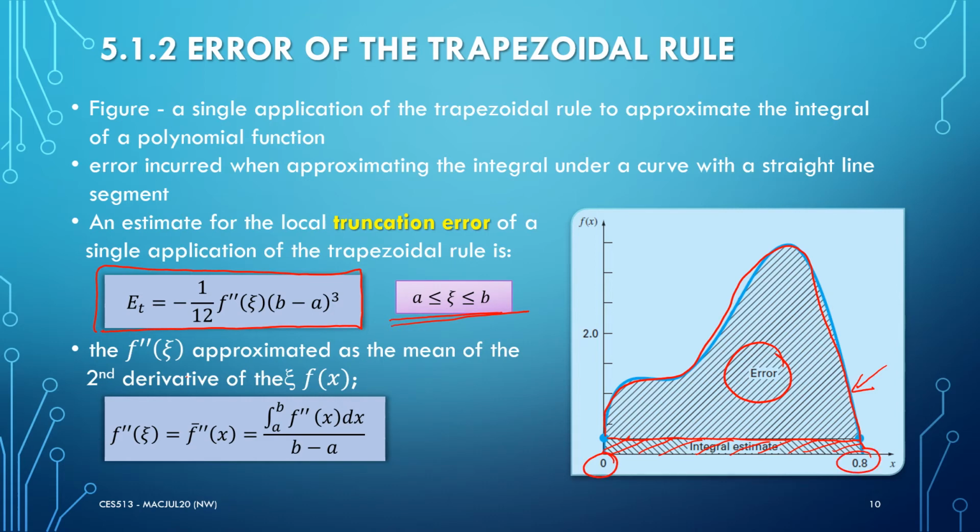Since the value of xi is arbitrary, one way to approximate the second derivative at xi is by assuming it equals the average value of the second derivative. So we estimate the second derivative at xi as the average value of the second derivative of f(x). Thus, that equation will be this one.